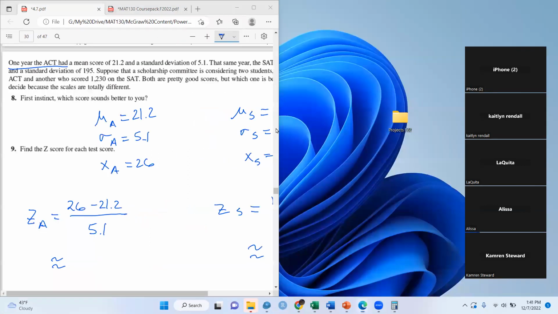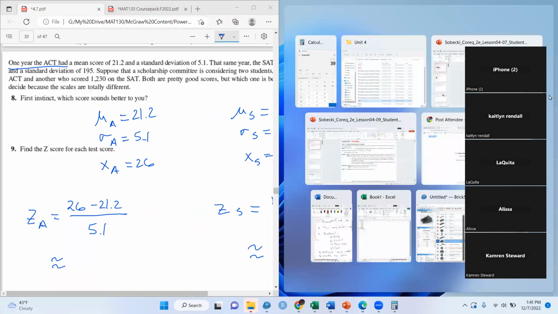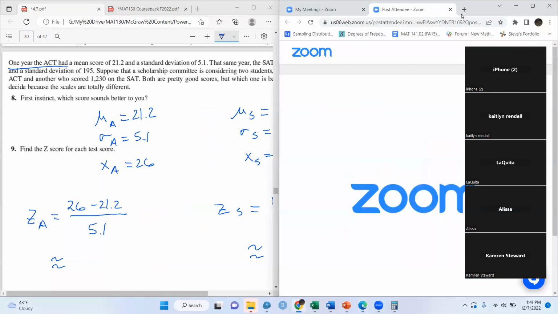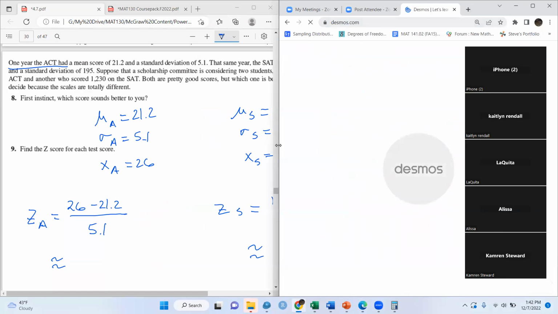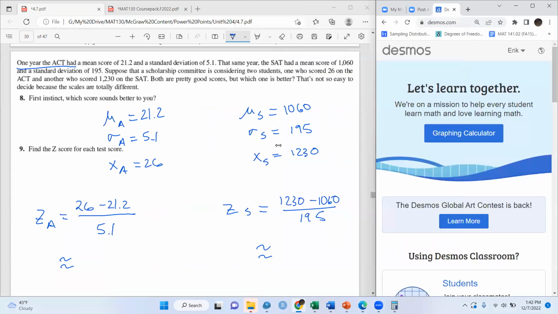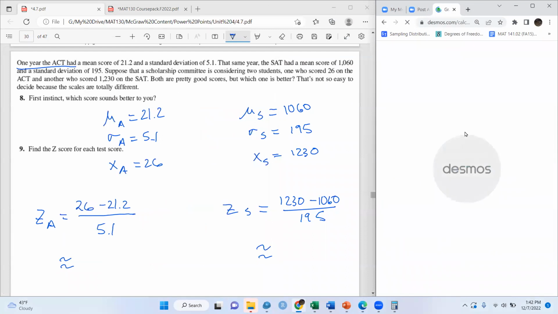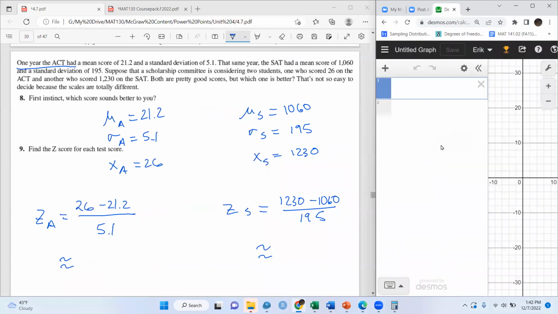I'm going to do these in Desmos. That's my favorite calculator. It should be yours too, just saying.